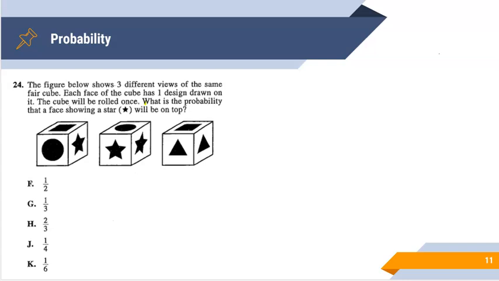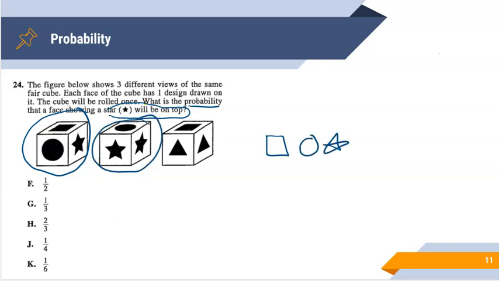Okay, this one's a little different. I want you to give it a try. Okay, so we're trying to find the probability that the star is on top. Now this is a 6-sided die. We're getting 3 different views of it. So I really need to draw out what all 6 sides look like. And we're told right here what one side looks like. There's a square, a circle, and a star.